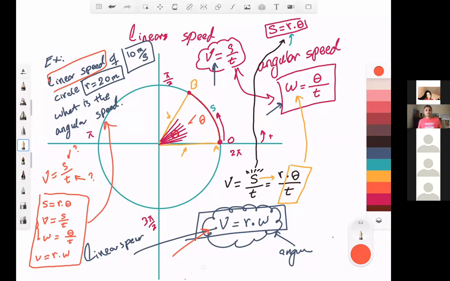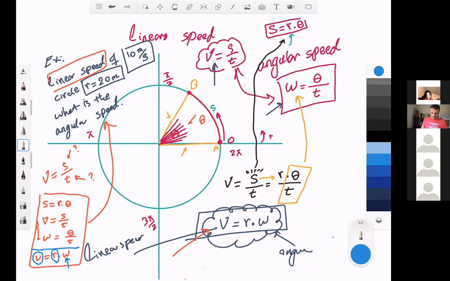So now which one do you want to pick? We see the last one, the last formula here. We have V given, R given. We're just looking for omega. So we can just solve it.